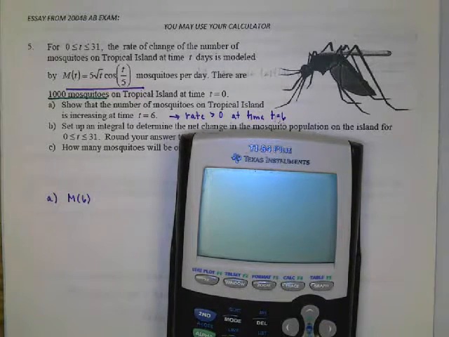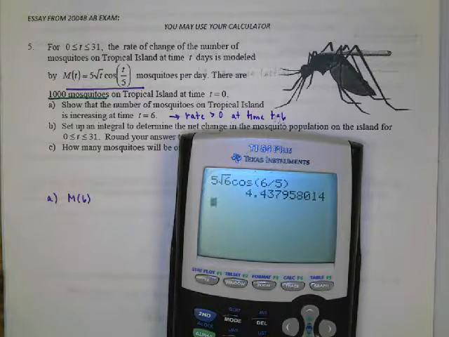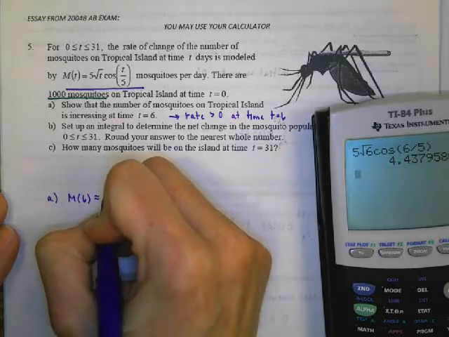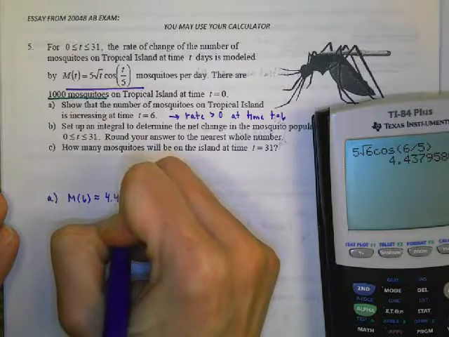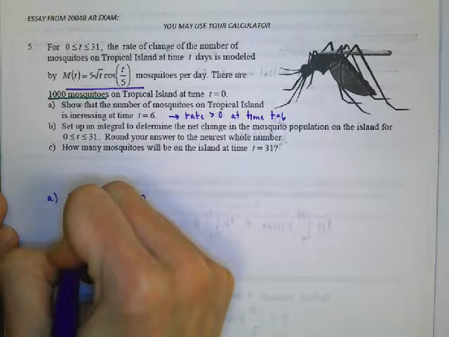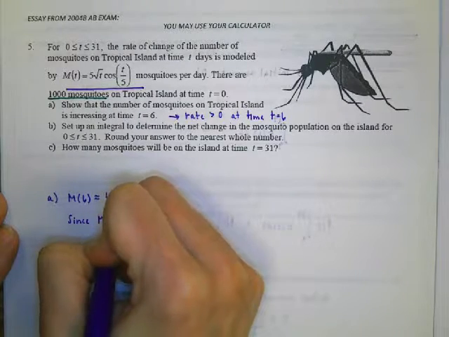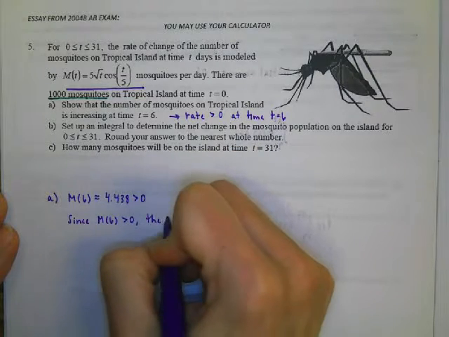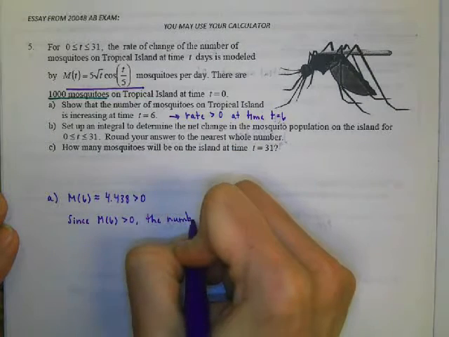So here's where our calculator is going to come in handy. I have 5 times the square root of 6 times cosine of 6 divided by 5. So we do get a positive rate here. So M of 6 is approximately 4.438, which is greater than 0. So I'm just going to say since M of 6 is greater than 0, the number of mosquitoes is increasing at time t equals 6.